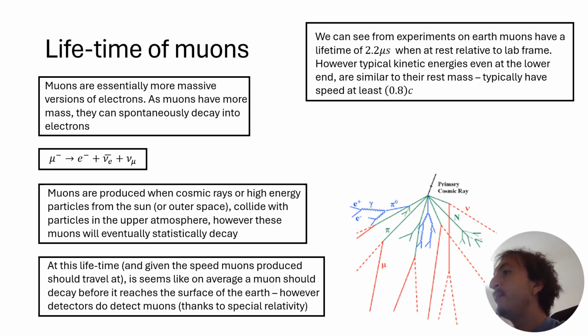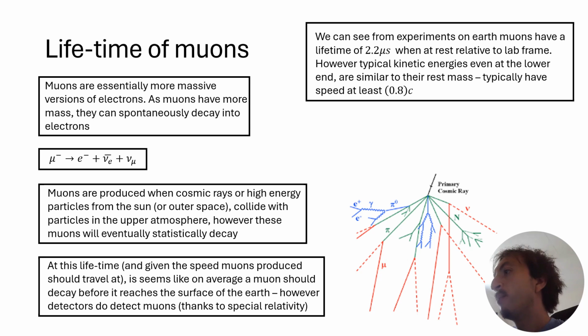However, if they always took on average 2.2 microseconds to decay, and they were produced in the upper atmosphere, then even if their speed was very relativistic, so a significant fraction of the speed of light, they still wouldn't travel enough distance by the time they've decayed to reach the Earth's surface.